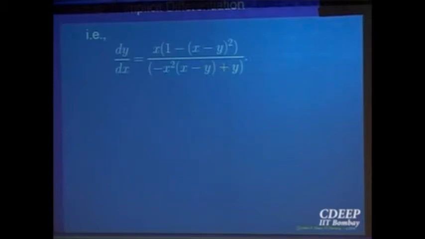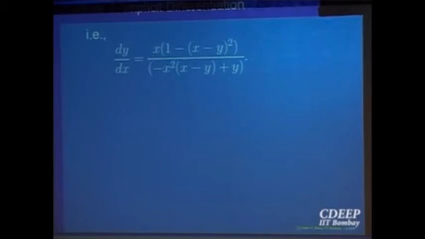But see, this dy by dx is written in terms of x and y. This is the important thing to be noted. It may not be always possible to write dy by dx purely in terms of one variable x or y, because if you are able to represent x in terms of y, then what is implicit differentiation anyway?